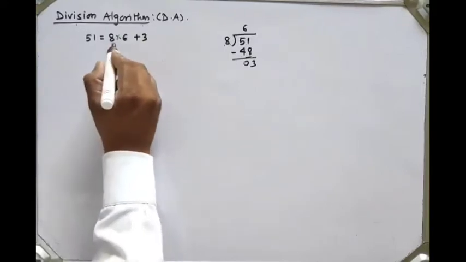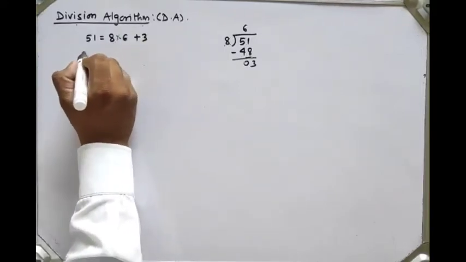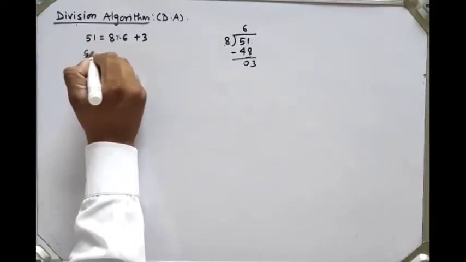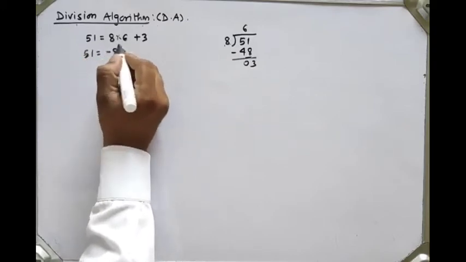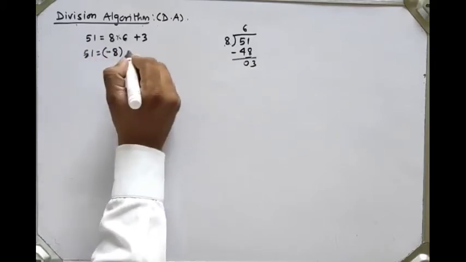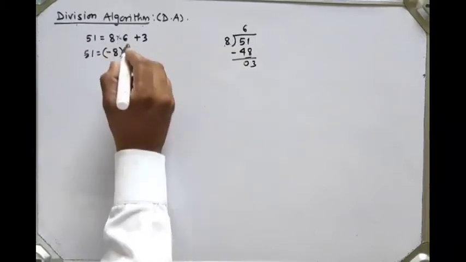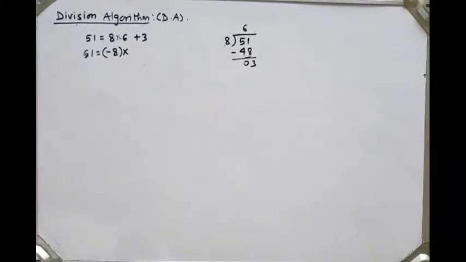Now if I divide 51 by minus 8, what should be the quotient and what will be the remainder? The remainder is always positive.